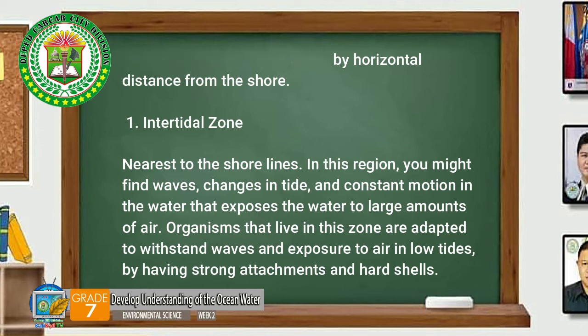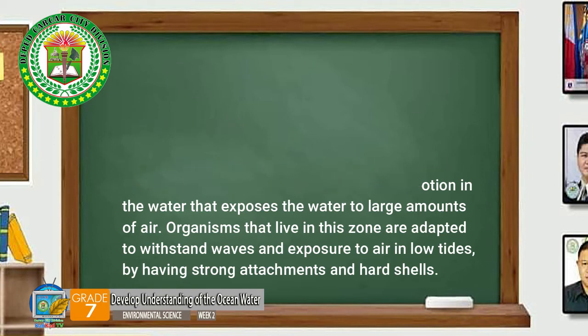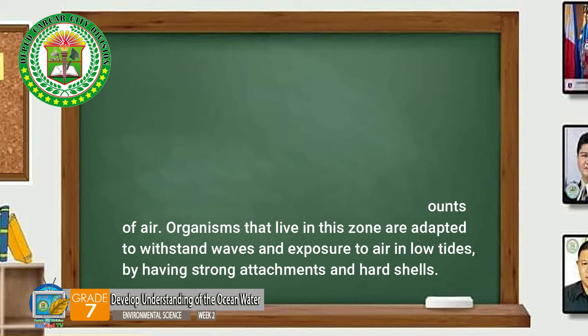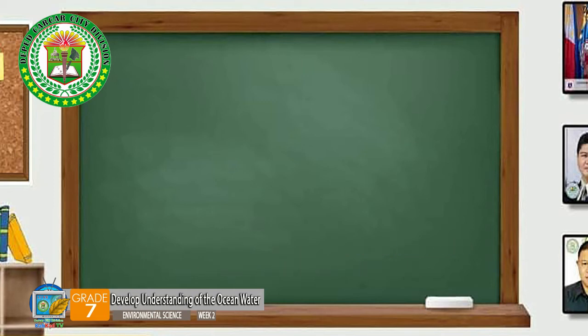Organisms that live in this zone are adapted to withstand waves and exposure to air at low tides by having strong attachments and hard shells.